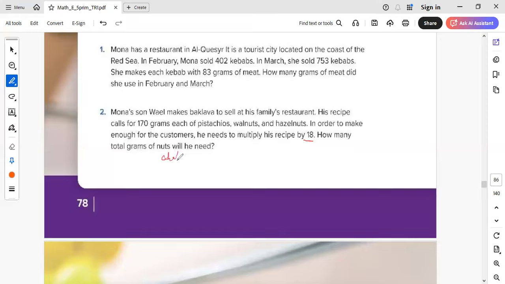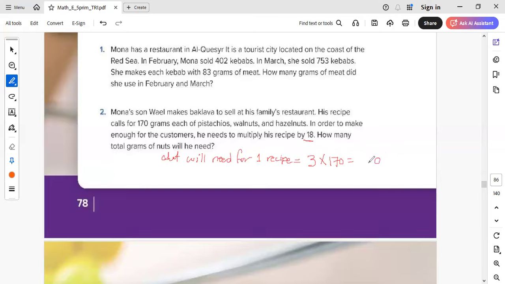So we write what he will need for one recipe equals 3 multiplied by 170.